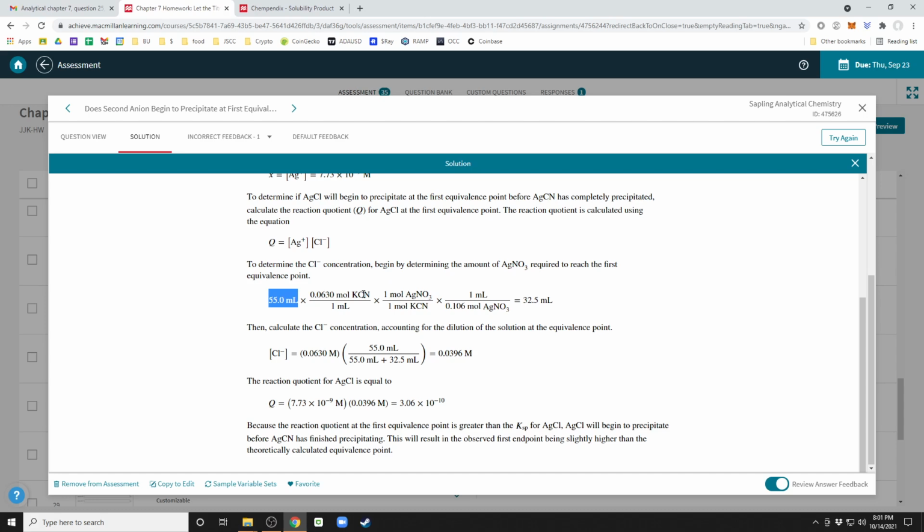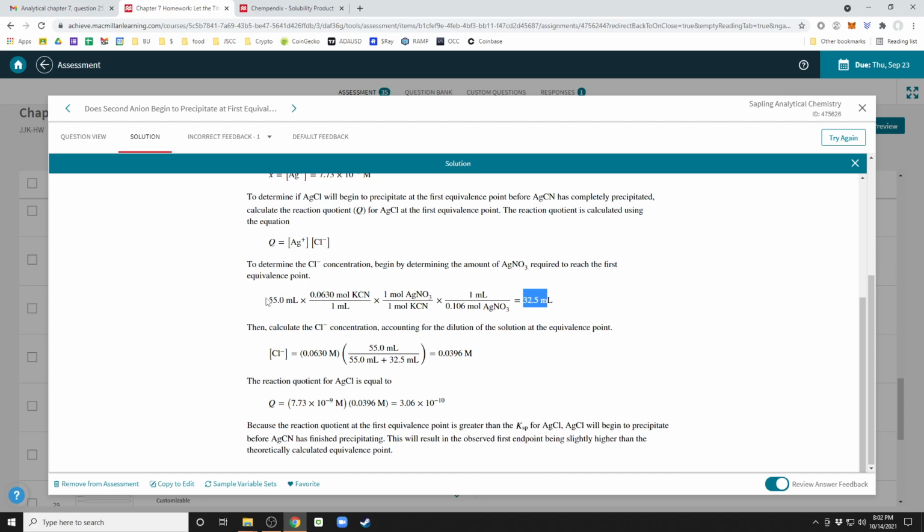In this case, we're really kind of working this in millimoles, but that's okay. It's not going to actually hurt anything because you'll see that milliliters will actually cancel here. Okay, and so then this right here would be the amount that it takes of the AgNO3 to fully reach that equivalence point.